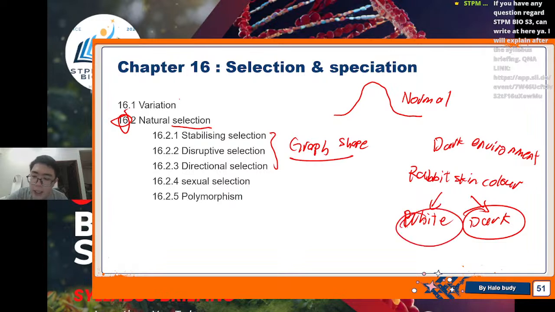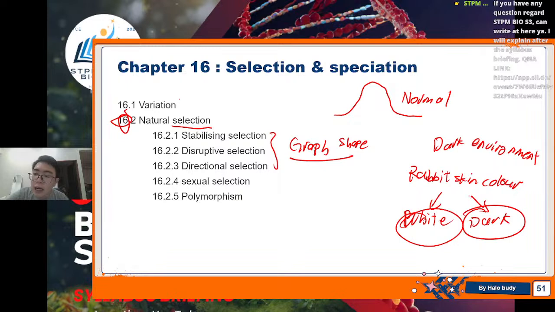But if it is white, it is very easy to see in the dark environment. The predator sees it, wow, so white, catches it and eats it. Not good, right? So this is selection.